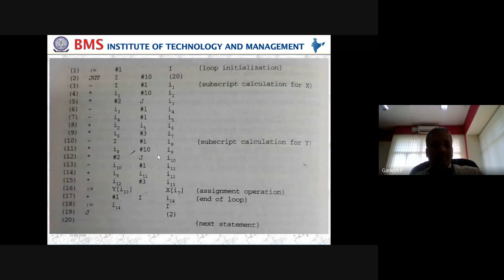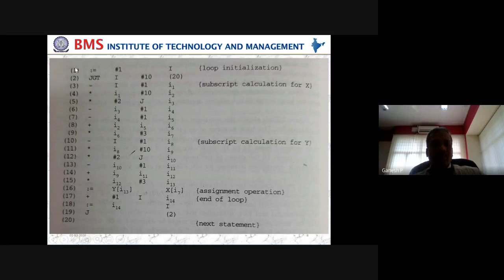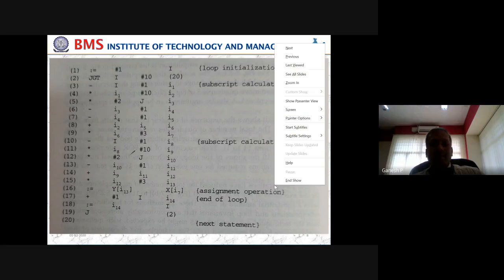When you take that, for this entire loop, if you write the quadruples, you will get so many quadruples, because the same expression has to be continued for i is equal to 1, i is equal to 2, i is equal to 3, i is equal to 4, and so on. If you observe here, probably through your eyes, you can make sure that there are certain quadruples which are the same, ditto, no change at all.